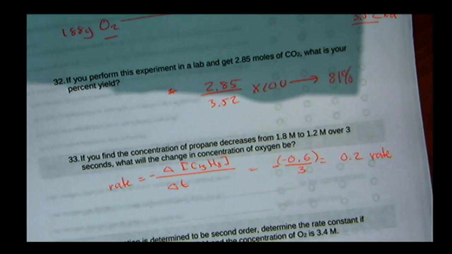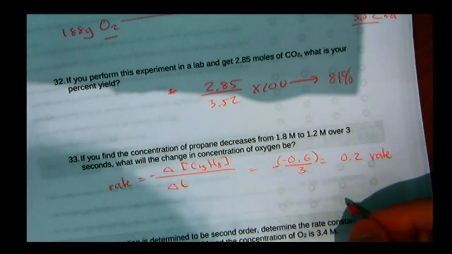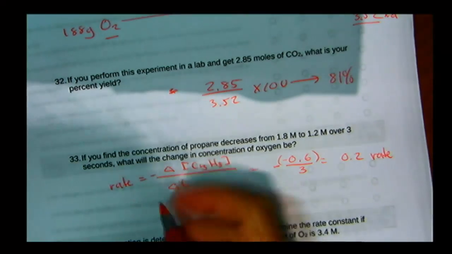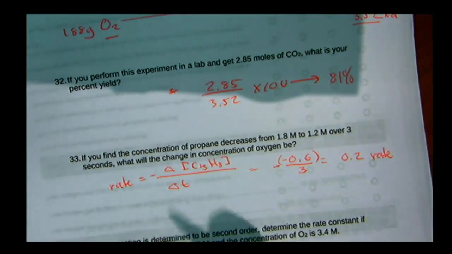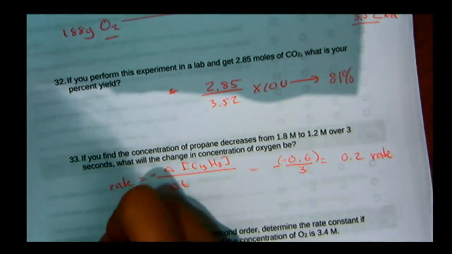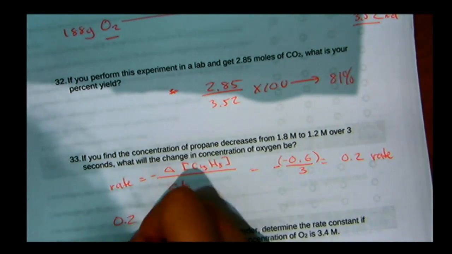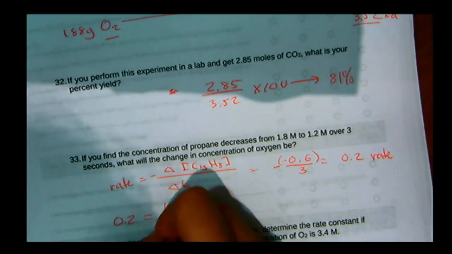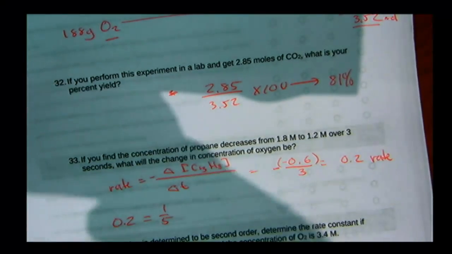You'd want to do the same thing for, that would be the change in concentration for propane, right? So we're looking for the change in concentration of oxygen. Oxygen has a coefficient of 5, right? So you're going to take your rate, which is 0.2, and set it equal to 1 over your coefficient, whatever that may be.